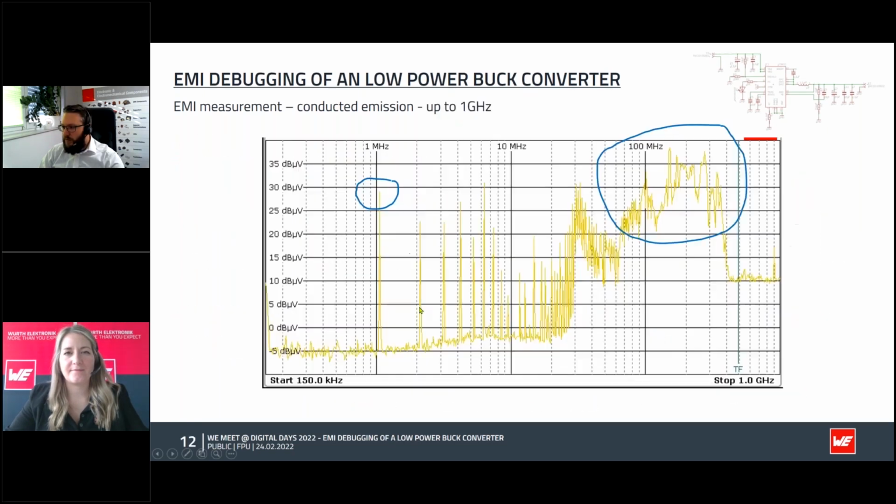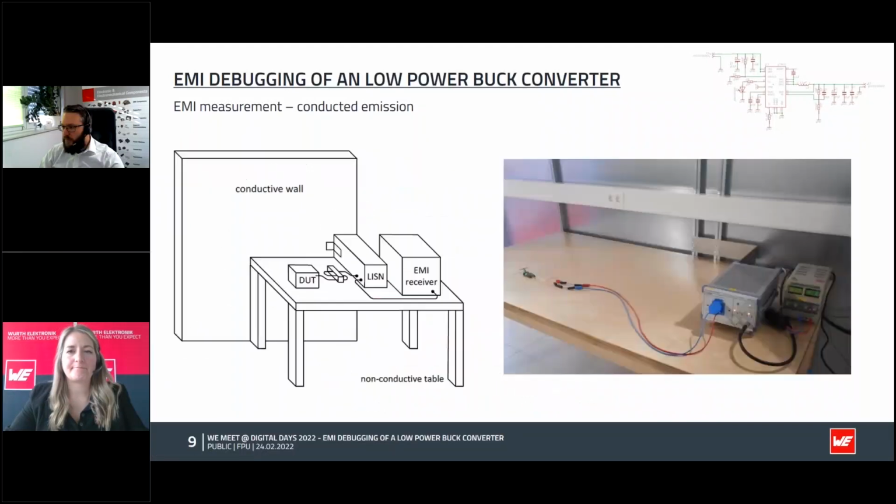It was a Rohde & Schwarz LISN, and then we have an EMI measurement receiver, also from Rohde & Schwarz. We then increased the frequency range, and we use this setup to measure the conducted emission.